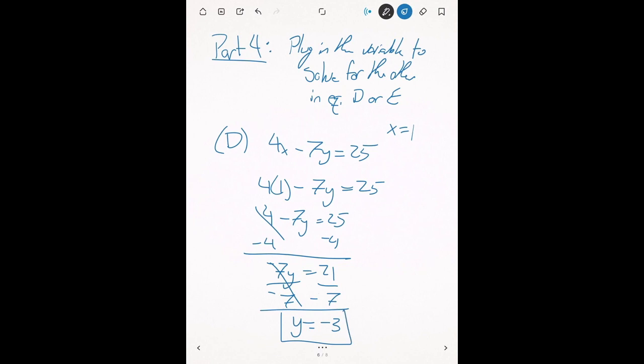Now that we have what y equals, let's figure out what z equals. Now you might say, well, how do we go about doing that? Well, it's actually just the same idea as before.